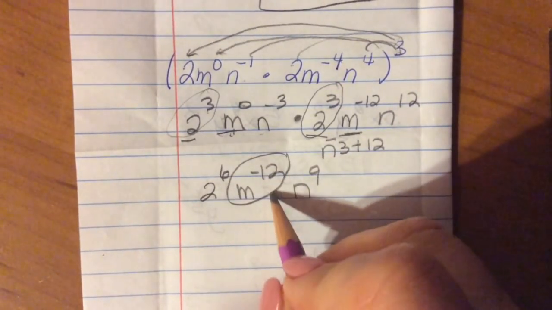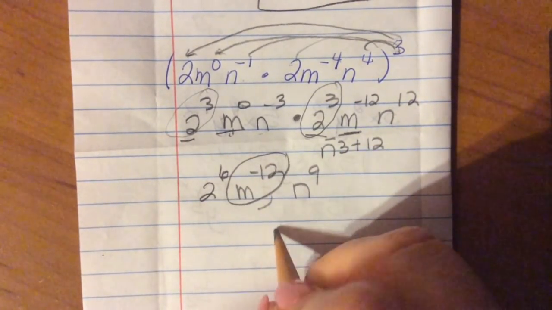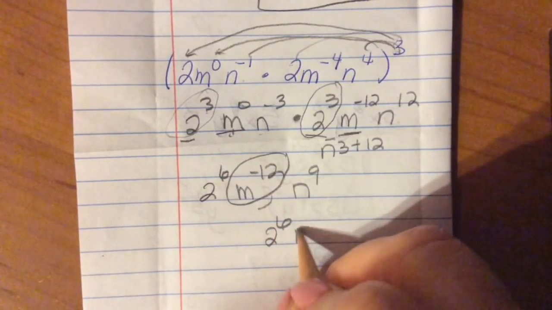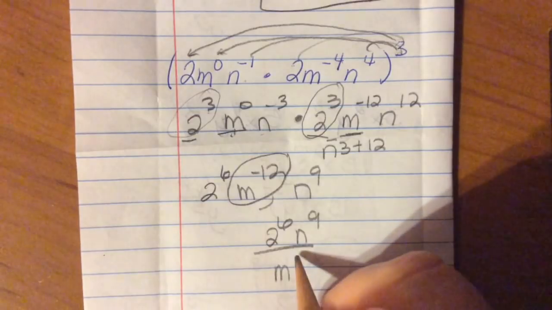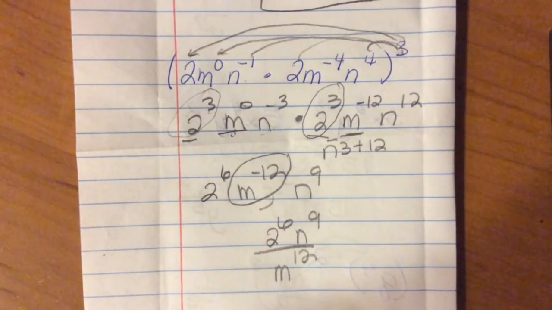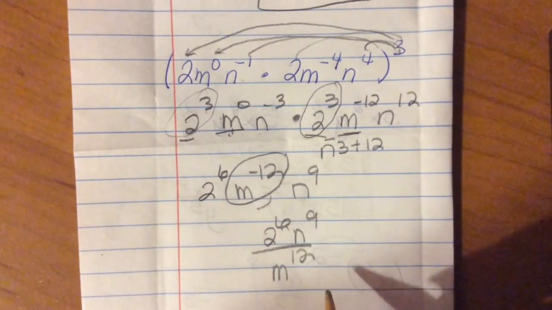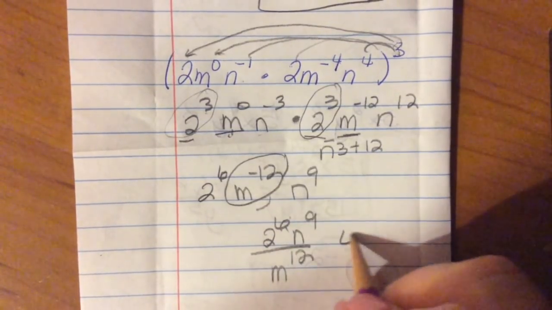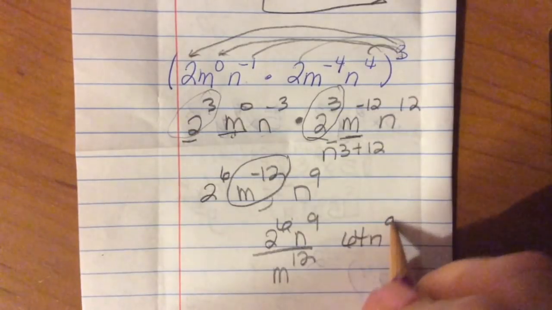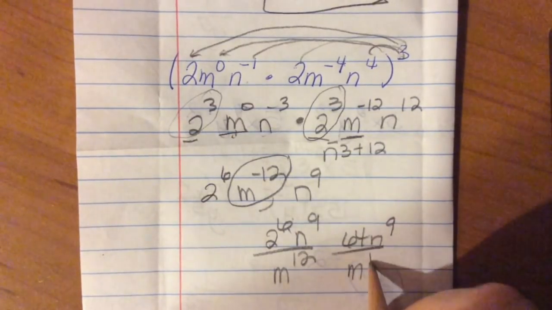These ones can't be up there, so we're going to move them to the bottom. So it becomes 2 to the 6th power, n to the 9th power, and then the m's are on the bottom. Okay, and then 2 to the 6th power for finalizing the simplifying is 64. So 64n to the 9th power over m to the 12th power.